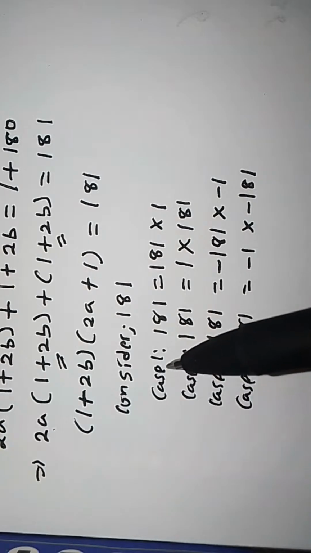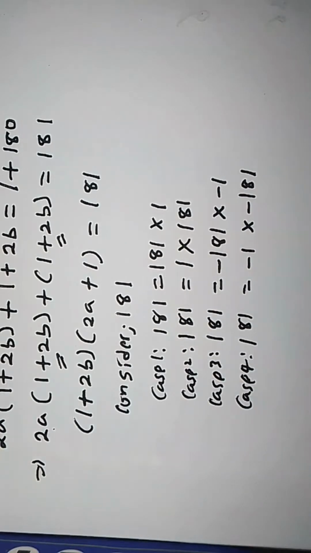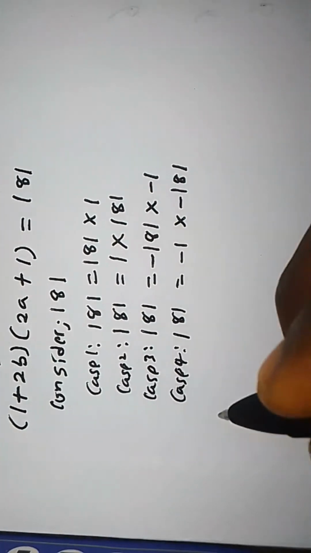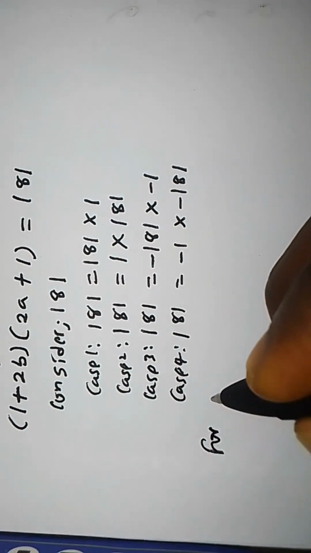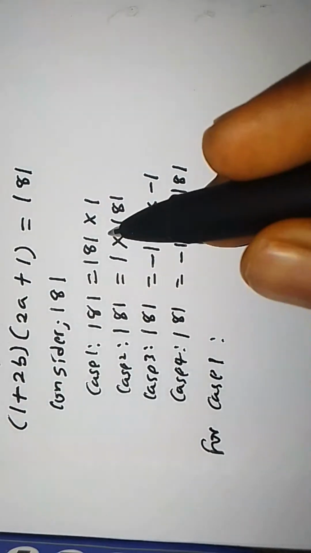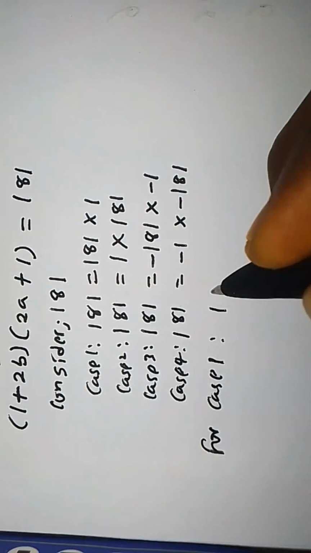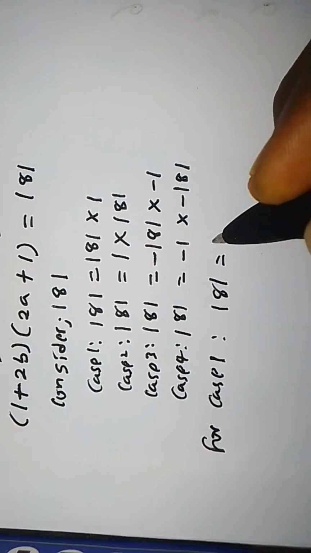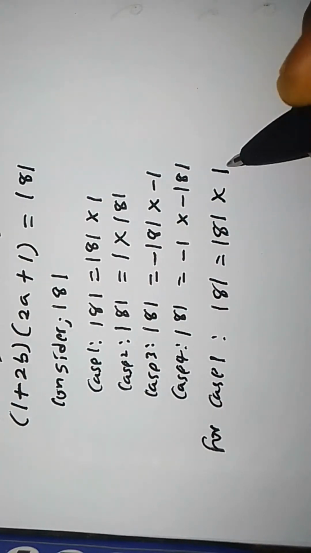Let us consider the first case first. For case 1, we have 181 equal to 181 times 1.